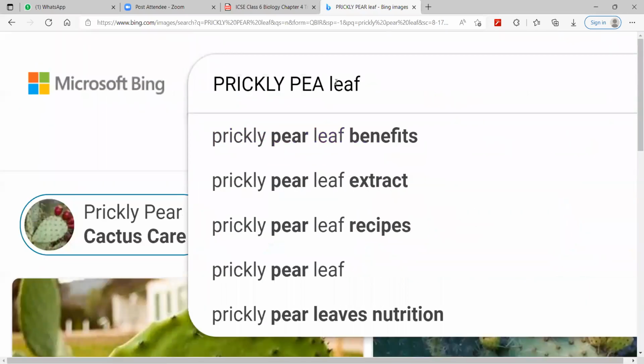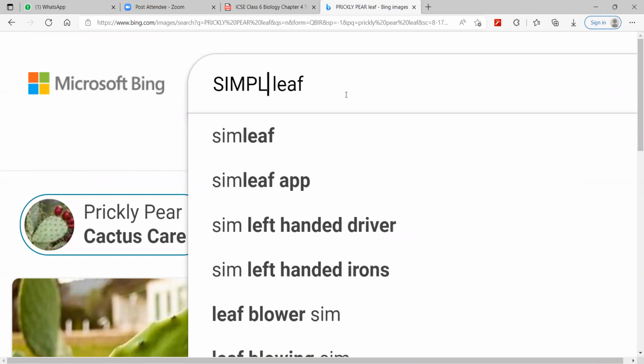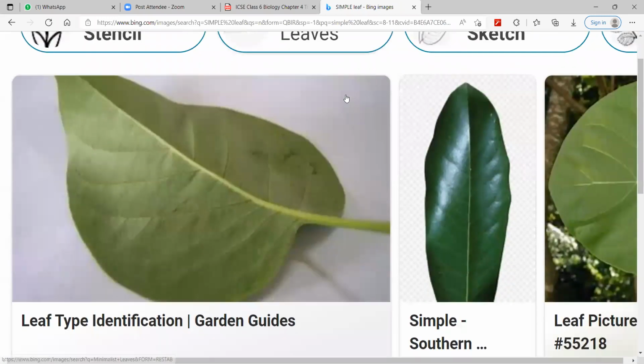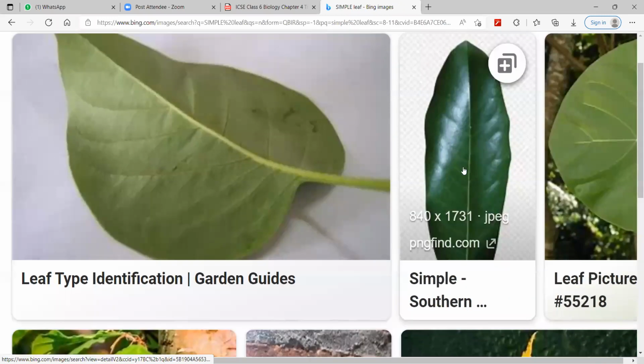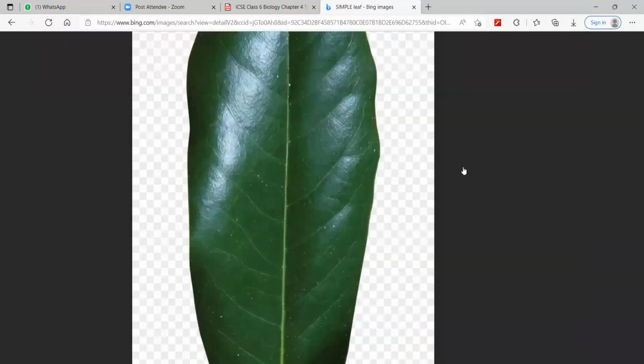A simple leaf, let me show you the picture of the simple leaf. So this is an example of simple leaf. In this, this is the leaf margin. It is not subdivided into any kind of rib. The leaf margin is complete.